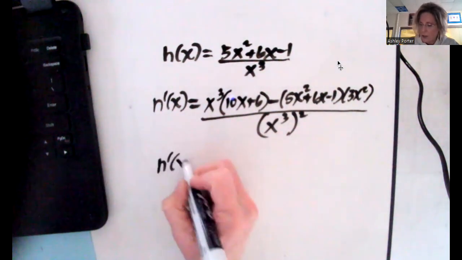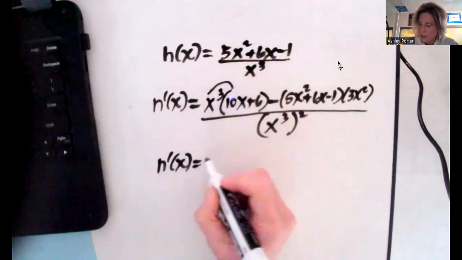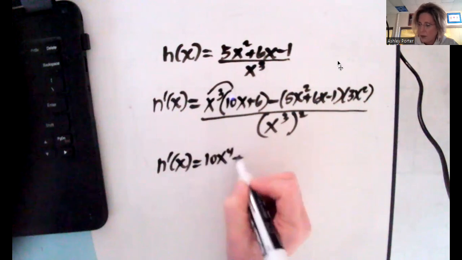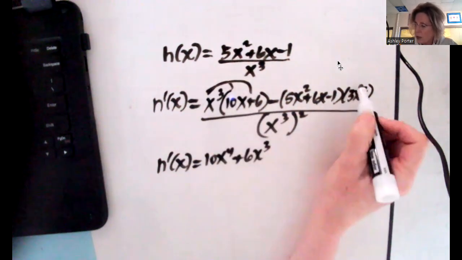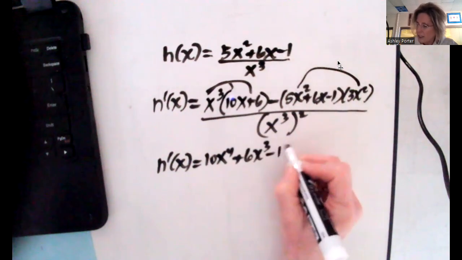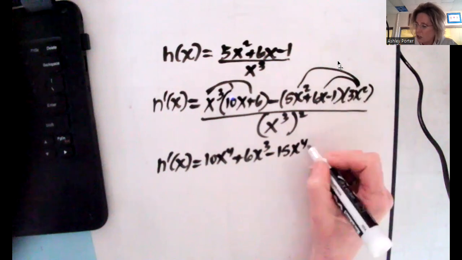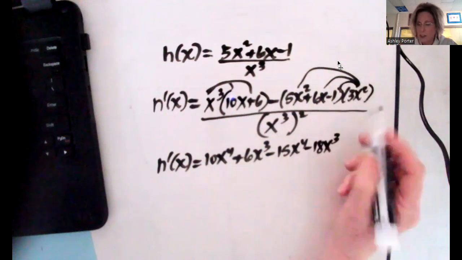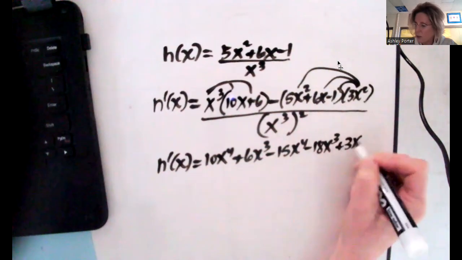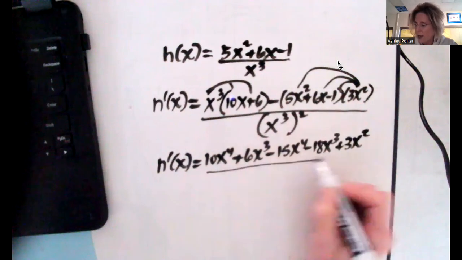So let's see here. I'm going to clean the bottom and the top. So top, it looks like I need to do what? 10x to the fourth plus 6x cubed. That's going to be minus 15x to the fourth. Here I'm going to have what? 18x cubed, and there'll be minus 18x cubed. Here I'm going to have minus 3x squared, but I've got to change it to plus 3x squared because it's the negative of that whole product, all over x to the sixth.